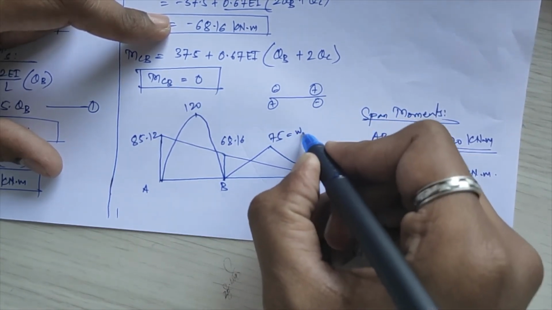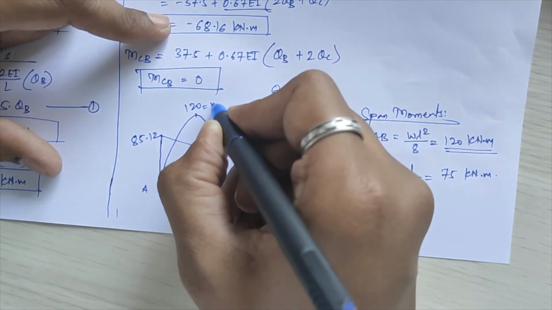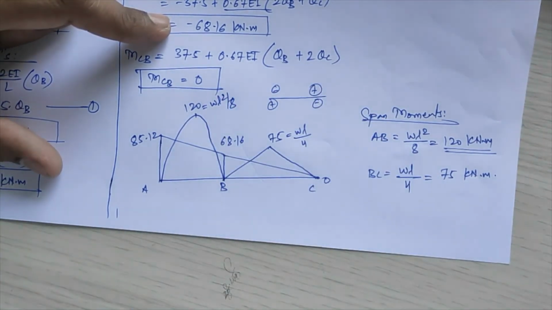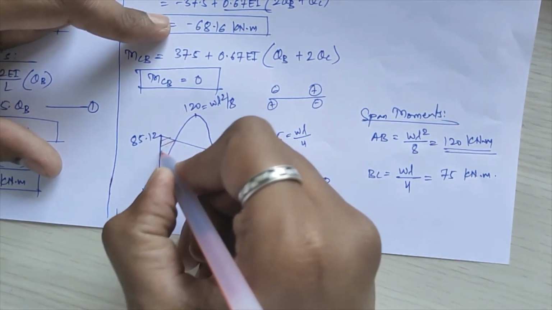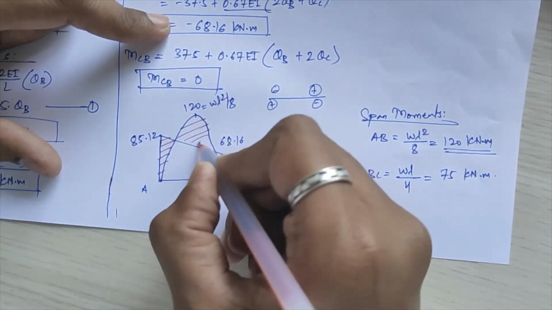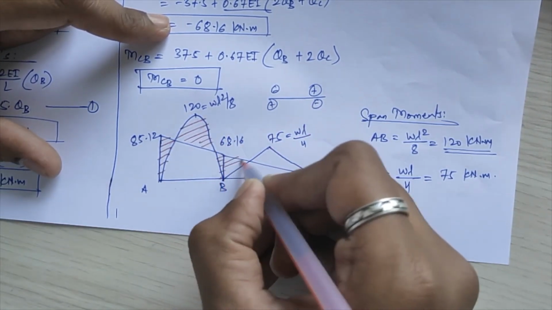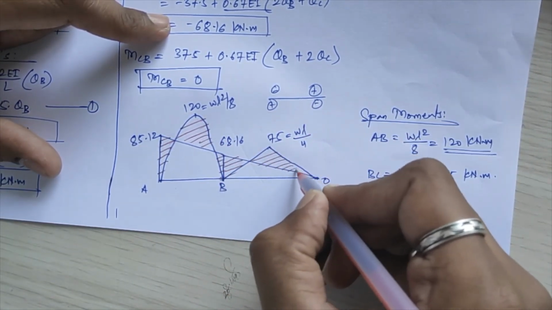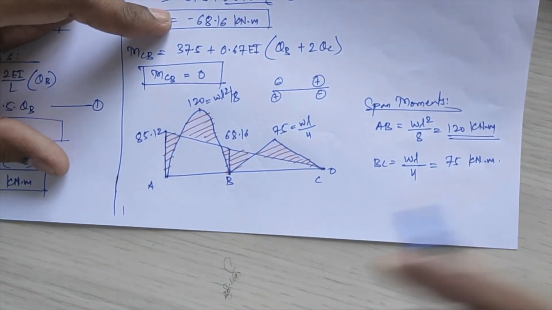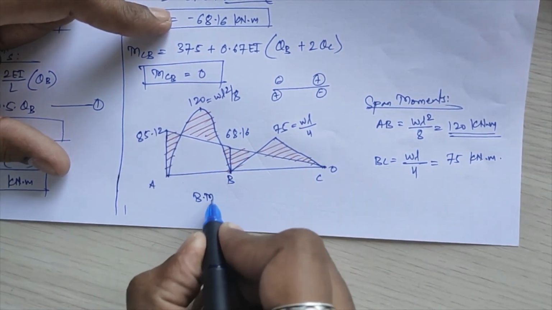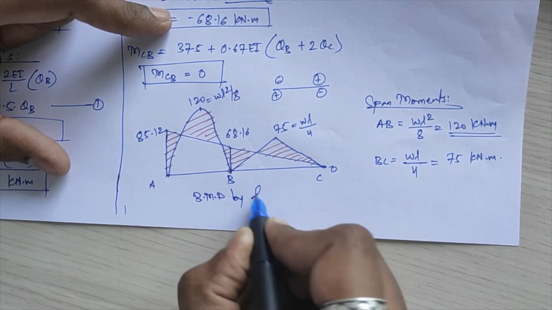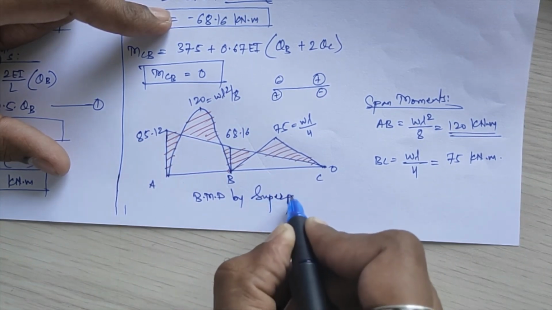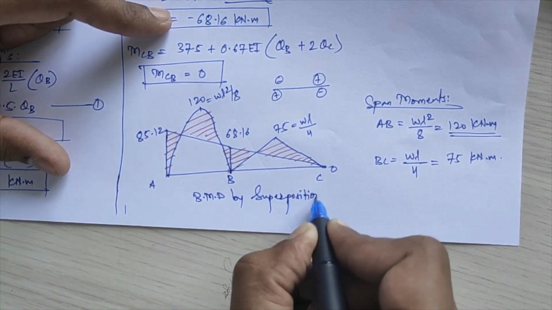So this is 75, that is WL by 4, and this is 120, that is WL square by 8. What you have to do is shade the superimposed part here, and that will give you the BMD by superposition.